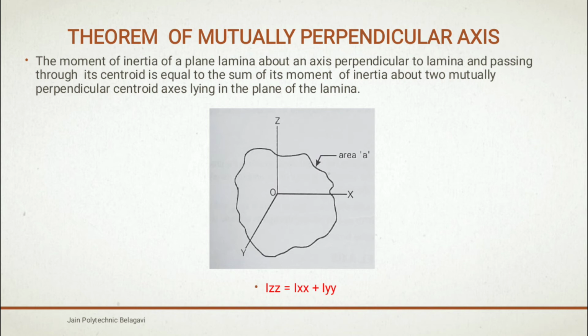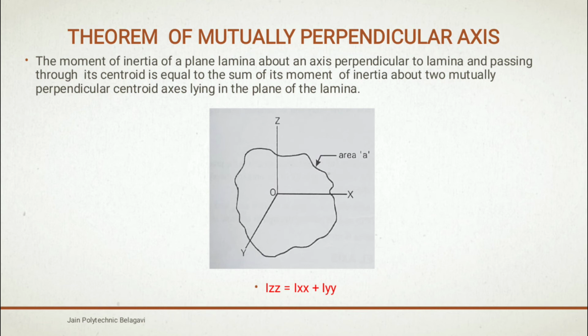Now the statement of the theorem of perpendicular axis: what it states is, if Ixx is the moment of inertia about the x-axis and Iyy is the moment of inertia about the y-axis, OX and OY, of a plane section.